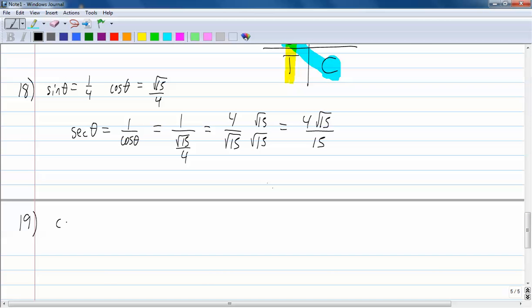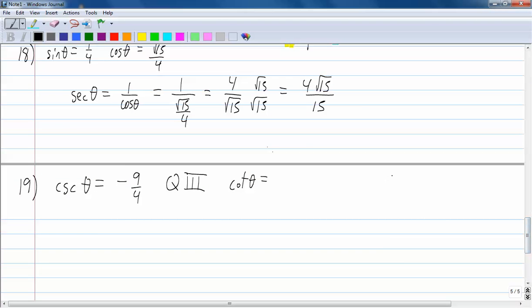Number 19, we have cosecant of theta equals negative 9/4, and we're told we are in quadrant 3. That's very important. We want to find cotangent. The problem told us that we're in quadrant 3. That is down here. In quadrant 3, the x's are negative and the y's are negative.